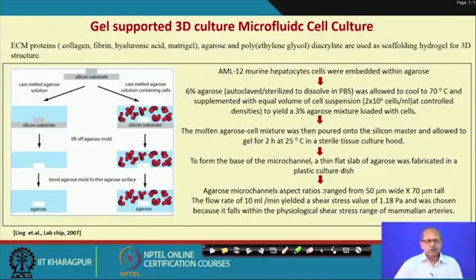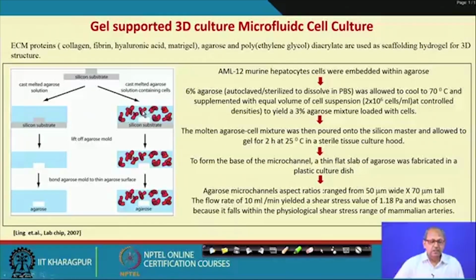There are a lot of examples, we are citing only a few. Here an agarose based system could be used for 3-dimensional cell culture. This is a raised structure of a silicon substrate. On top we are giving low melting agarose embedded with cells. So, cells are embedded in the low melting agarose, and we are putting it on the silicon substrate, and it will make a replica mold basically.